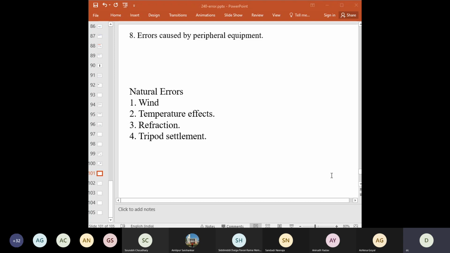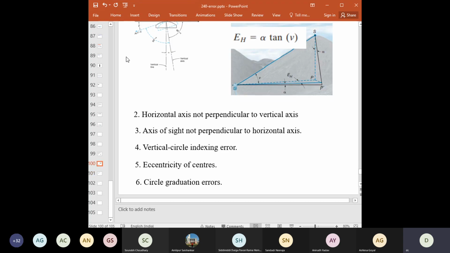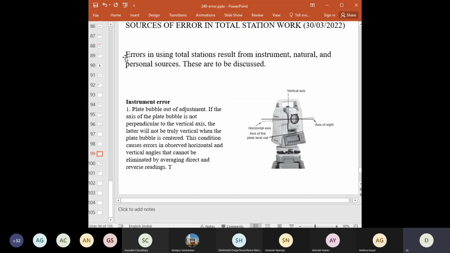We need to see that the tribrachs, plummets, which are needed for proper adjustments, or the tripods or the viewing poles, sighting poles, do not have adjustment errors or bubble errors, and this should be regularly checked to keep this error under control. So these are the 8 possible sources of errors for a total station from the instrument point of view.